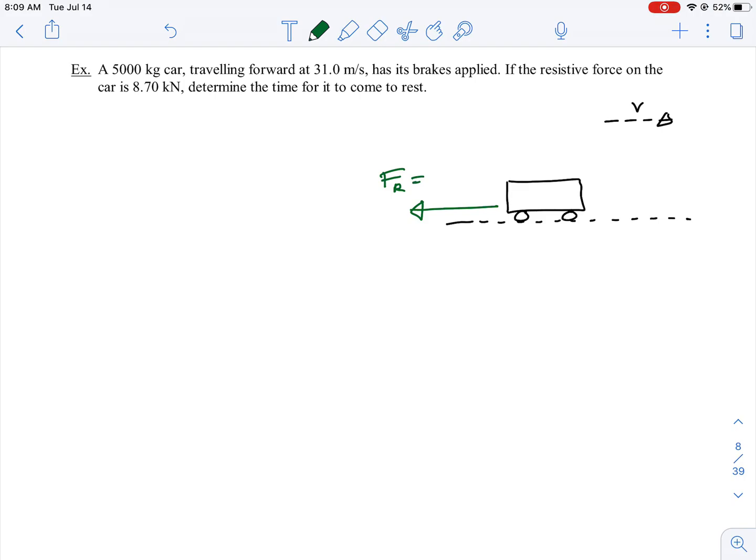That's 8.7 kilonewtons, which is 8,700 newtons. And again, if you want to put the mass of the car into the diagram, you can. You don't have to. Now, here's the next question for you. Notice that this object, this car, is actually moving to the right. Is there also a force moving to the right?